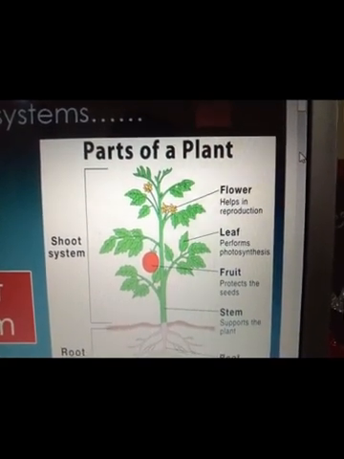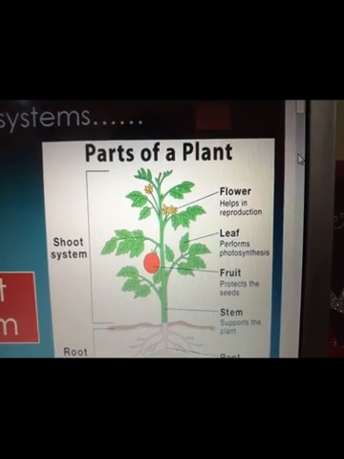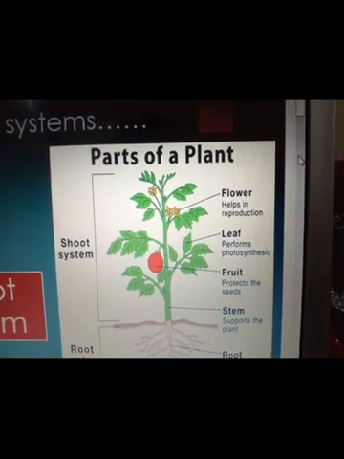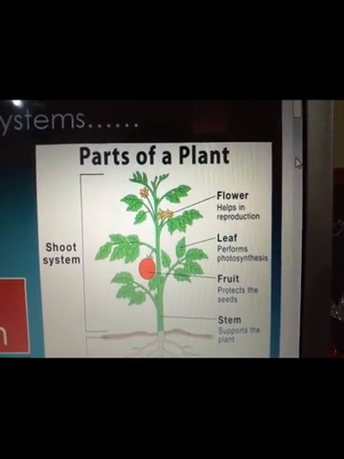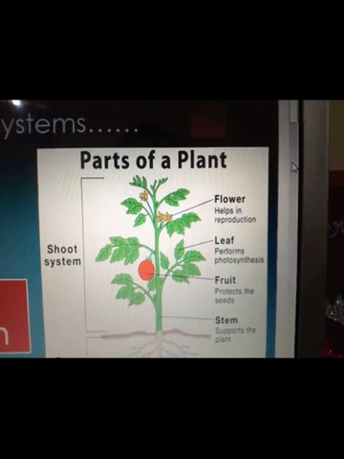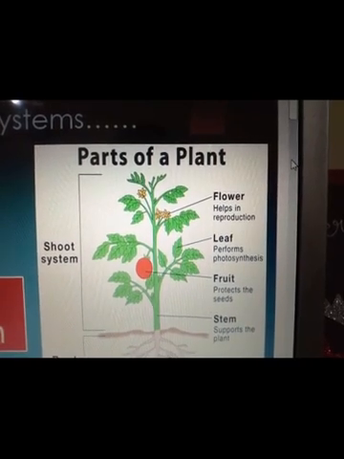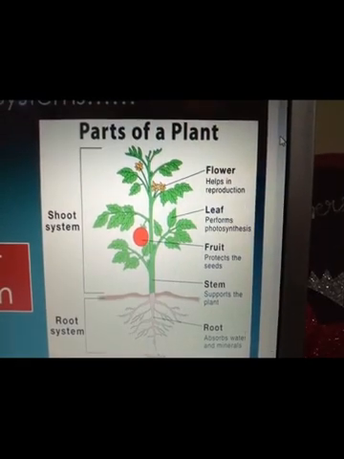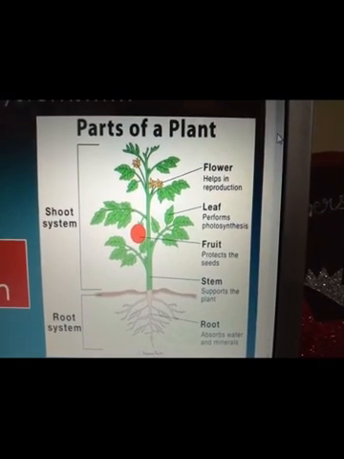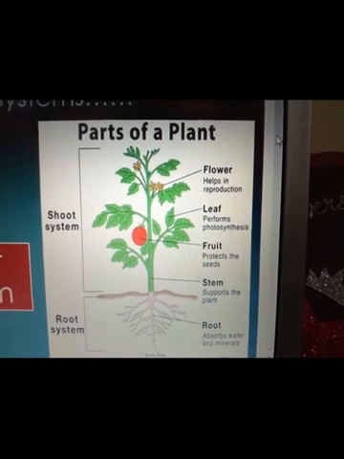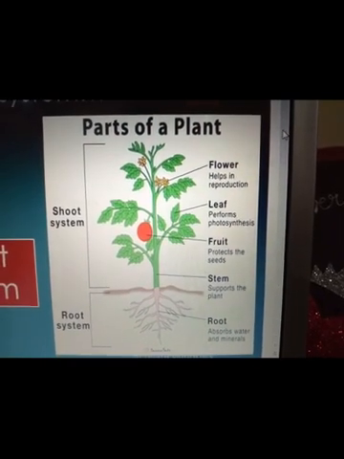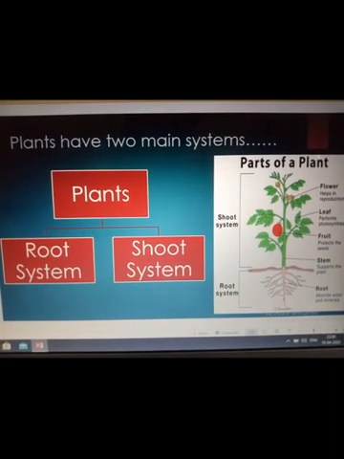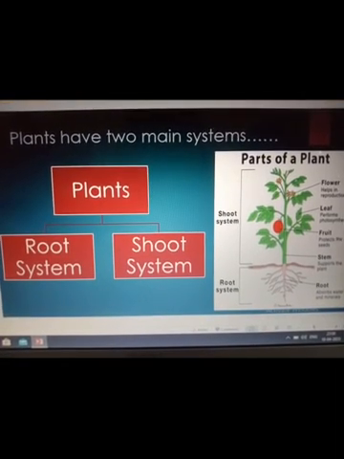Fruit are used as food and also contain seeds from which new plants can grow, and protect the seeds. Stem supports the plant. And root system. Roots absorb water and minerals from the soil. So these are the two main systems of plants, root system and shoot system.